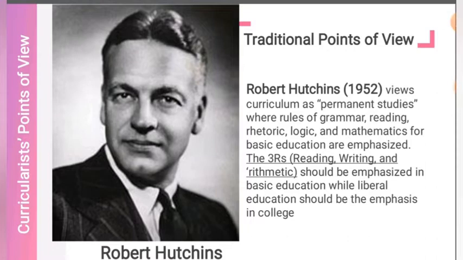So the 3 R's, reading, writing, and arithmetic, should be emphasized in basic education, while liberal education should be the emphasis in college. Robert Hutchins emphasized the 3 R's as the focus of the curriculum.